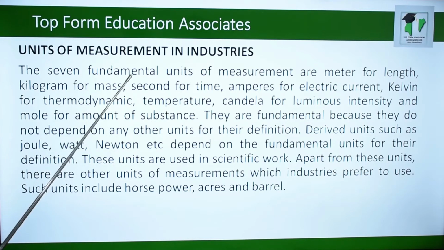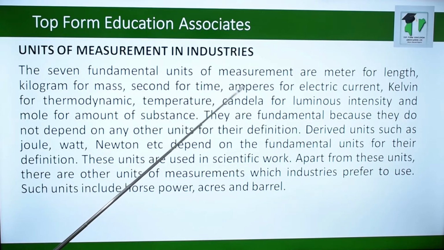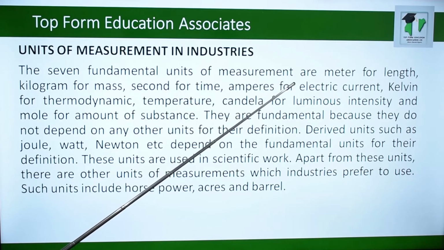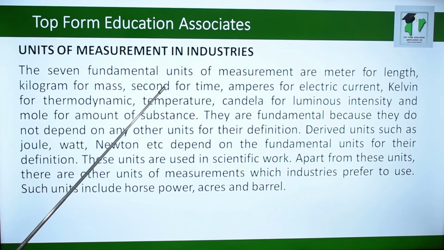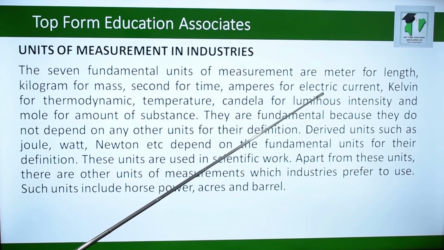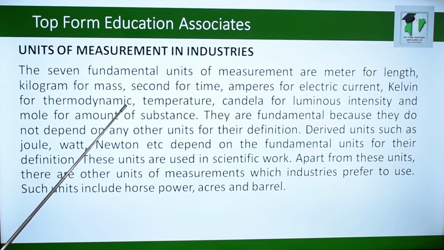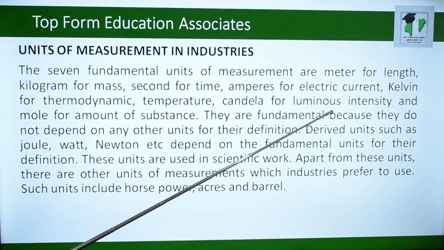The 7 fundamental units of measurements are meter for length, kilogram for mass, second for time, amperes for electric current, Kelvin for thermodynamic temperature, candela for luminous intensity, and mole for amount of substance.